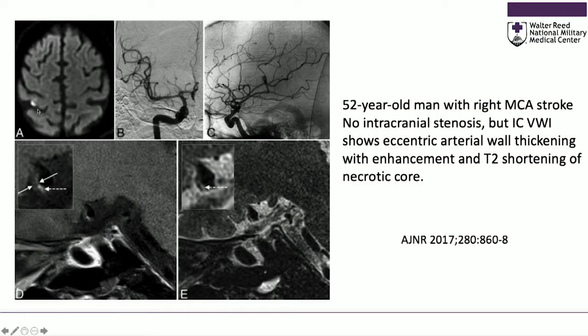This is another patient with an acute embolic stroke in the right MCA distribution, absolutely no narrowing of the MCA, and yet you can see eccentric wall thickening and T1 hyperintensity. So this patient had a vulnerable plaque in the right middle cerebral artery without any evidence of stenosis.